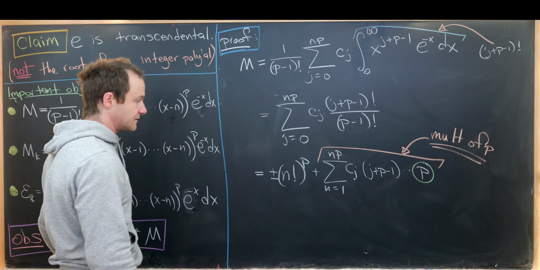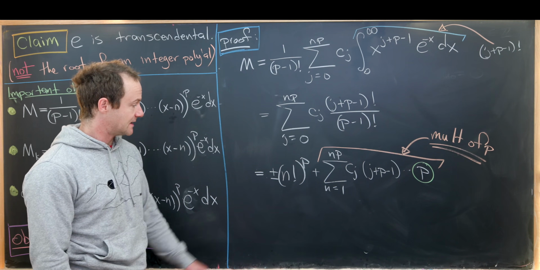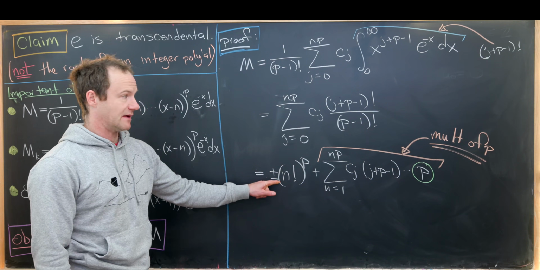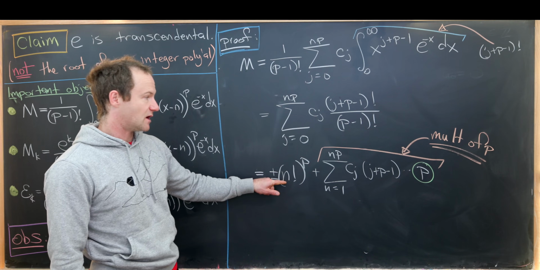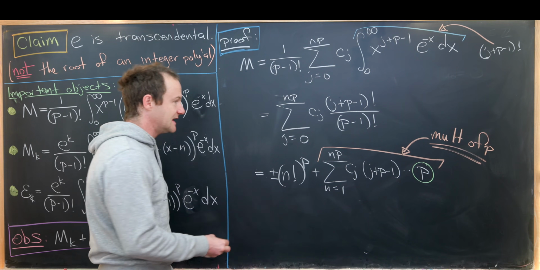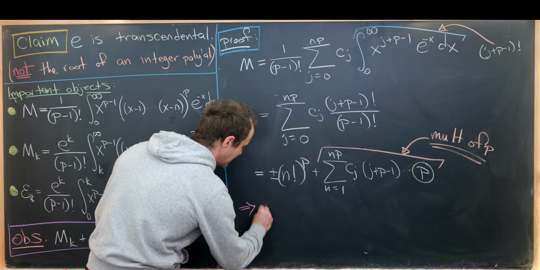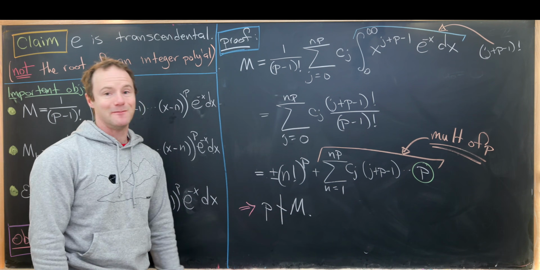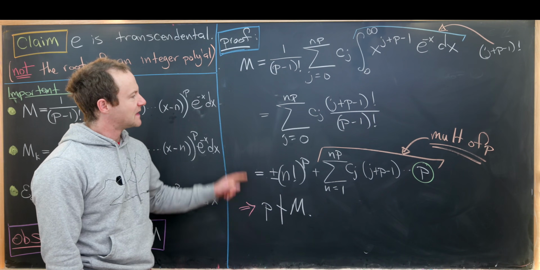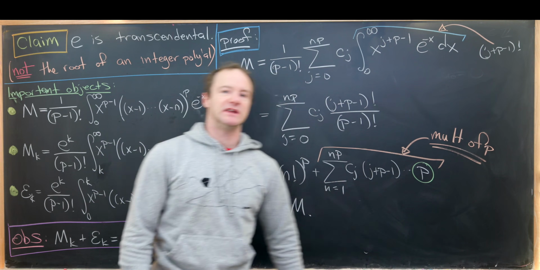But let's recall from the argument we previously made that this term right here is not a multiple of p. So M is the sum of something that is not a multiple of p and something that is a multiple of p. That tells us that in the end, p does not divide M. So in other words, M is not a multiple of p. And that's the main takeaway about the structure of M that we need right now.